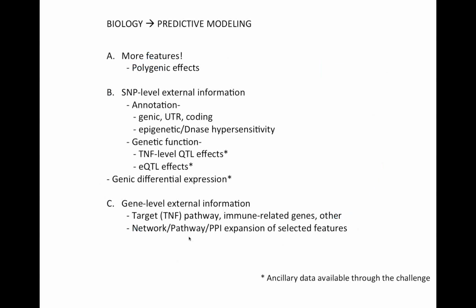So I sort of dichotomized this into point B, SNP level external information, which includes annotation as well as genetic evidence.